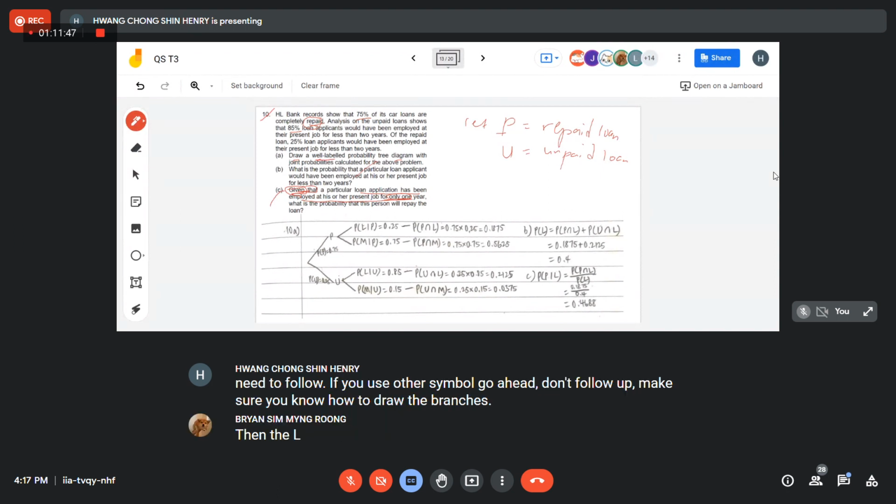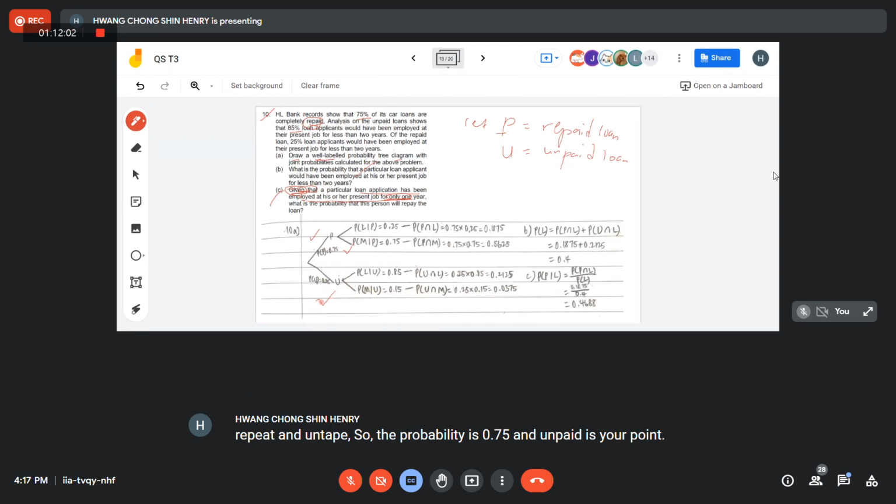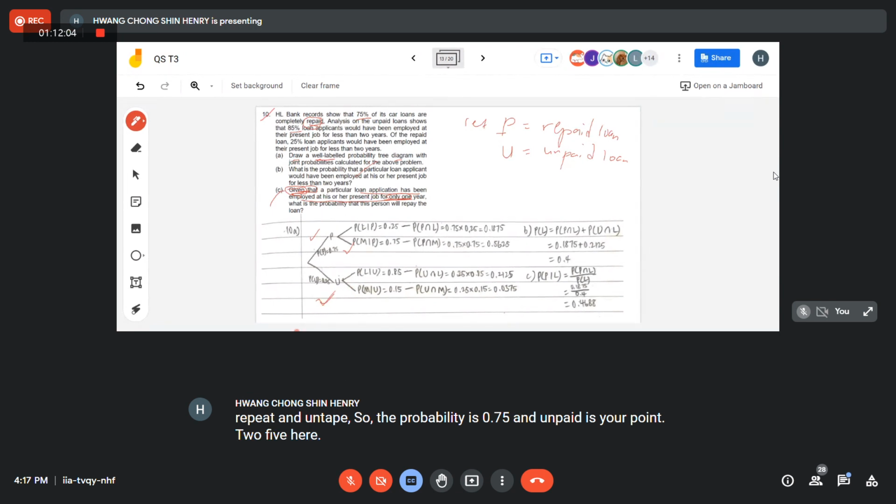Then the L is less than 2 years. So the first stage talks about repaid and unpaid. The probability is 0.75 and unpaid is 0.25 here. This is the first stage.